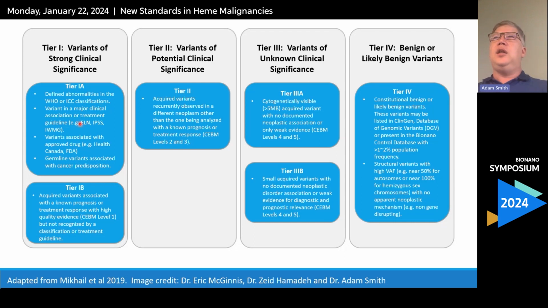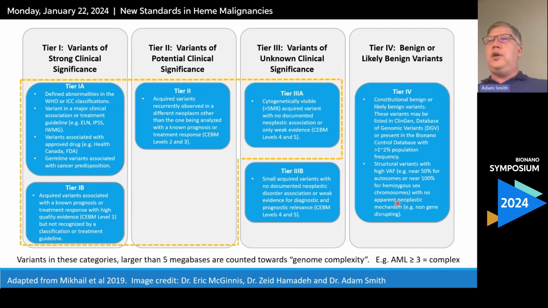So we have guidelines for tier 1, tier 2, tier 3, and tier 4 abnormalities. And you can see here that when we look at genome complexity, we're really interested in variants in these categories, whether they be known abnormalities that are in a particular disease classification, or whether they're just somatic changes that occurred.